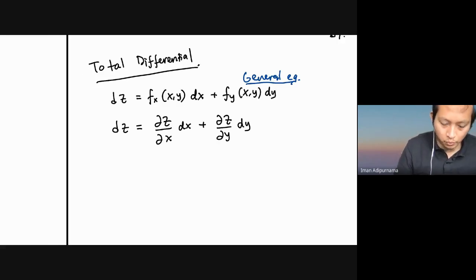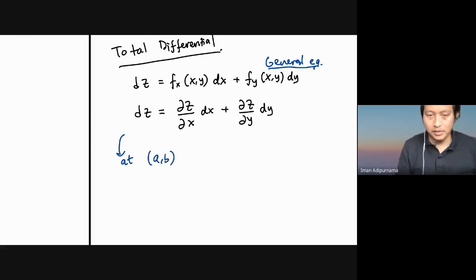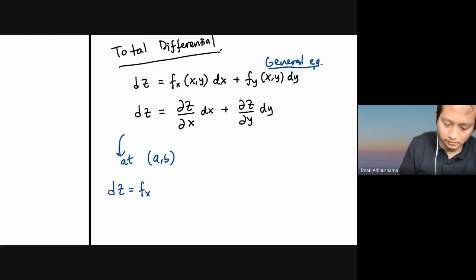And if we are observing at some point, let's say at (a, b), so at x equals a and y equals b, then for our differentials, we can set up the delta.